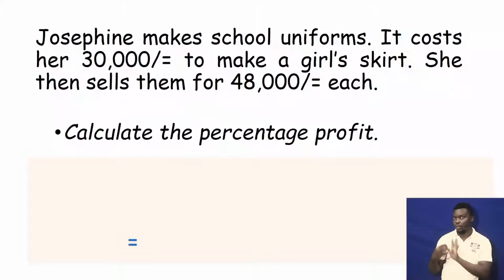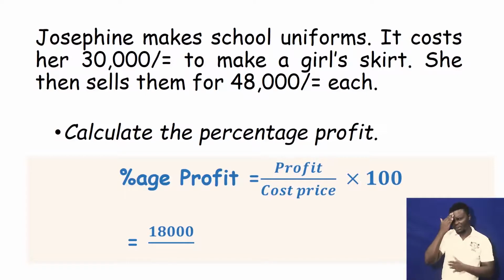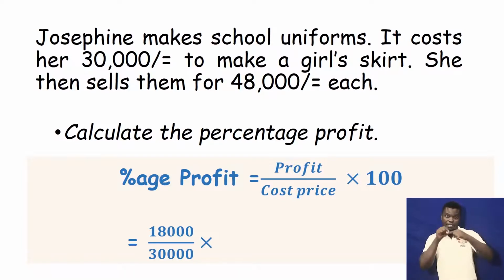Now, let's calculate the percentage profit. We have already calculated the profit. We know the cost price. So let's calculate the percentage profit. So percentage profit, if you remember our formula for calculating percentage profit is equal to profit divided by cost price multiplied by 100.